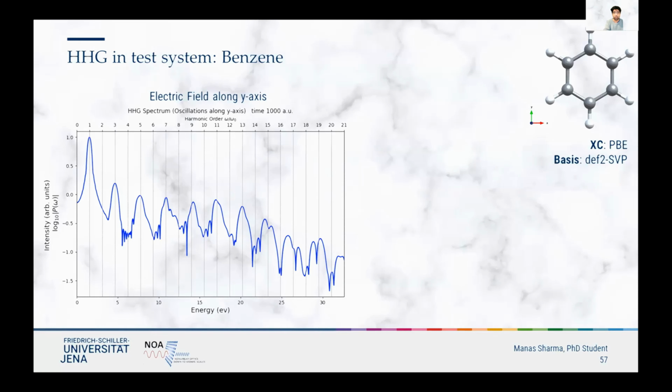Since the electric field was applied along the y-axis, and there is an inversion symmetry along the y-axis, we should only expect odd harmonics because you have destructive interference of the even harmonics. And we see that we only get the odd harmonics, and quite a reasonable spectrum.